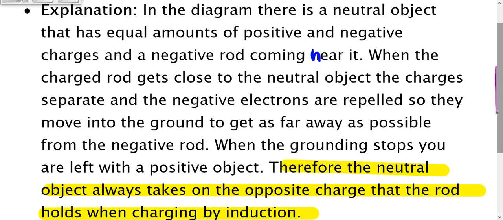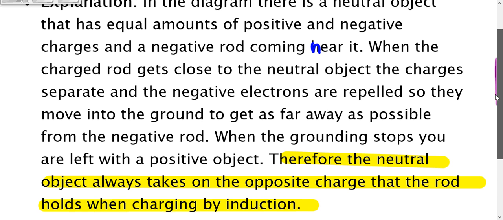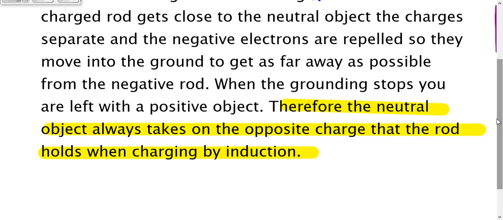So when we snip that grounding wire, the grounding stops, and we're left with a positive object. So the neutral object always takes on the opposite charge of the rod when we're charging by induction. I've highlighted that, so you may want to highlight it on the bottom of page 15 so that you can get that main point, because that'll be some of the questions we ask.